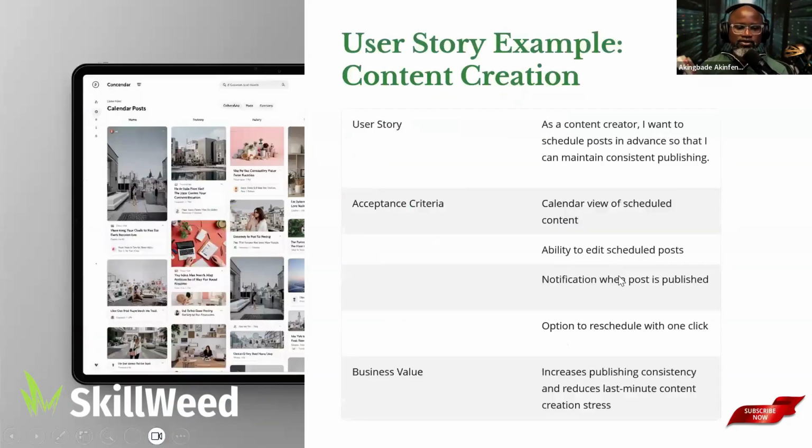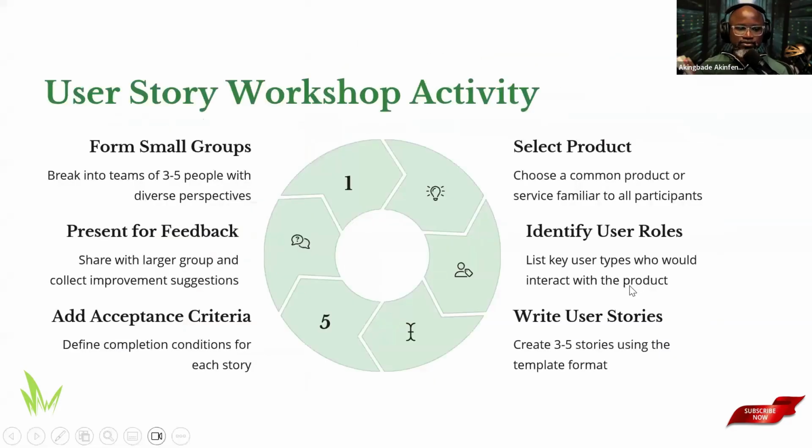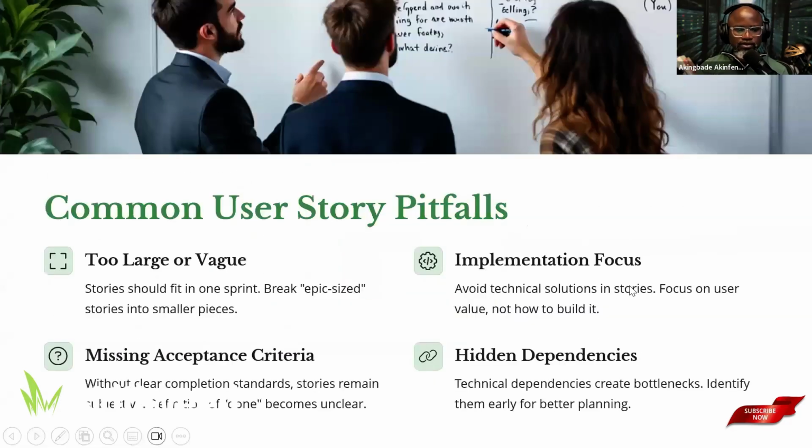Okay. And this is just some general gist around it too. I'll skip some of this. Some reasons why user stories fail is they are too large or vague. So we want to make sure it's not vague or large, it's precise. We include acceptance criteria, we keep it focused, and make sure we understand dependencies.